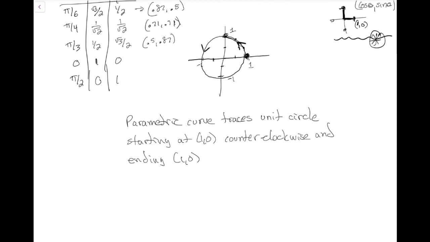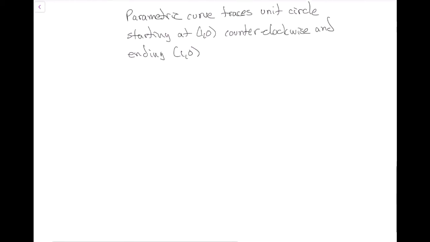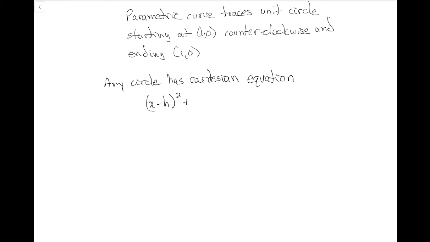Now let's suppose, this was a problem in the book and we want to eliminate the parameter. Again, I mentioned we don't always do this, but let's suppose that I wanted to. I have a graph, a unit circle. I know the equation of any circle basically is x squared plus y squared equals r squared. Any circle has the Cartesian equation x minus h quantity squared plus y minus k quantity squared equals r squared.